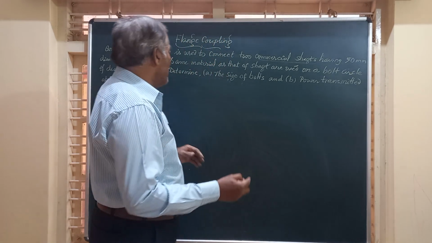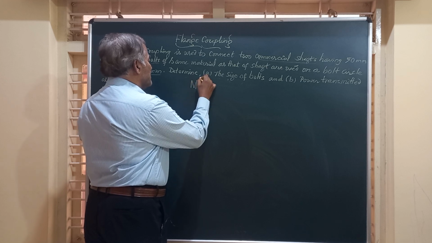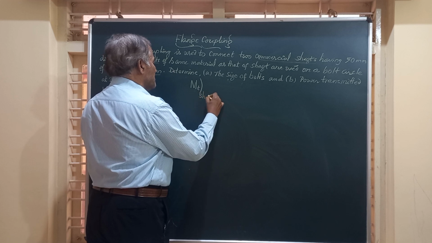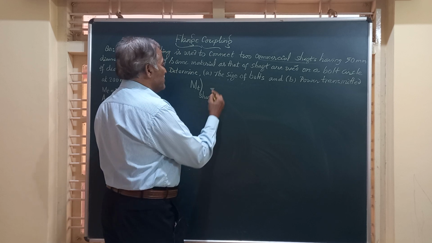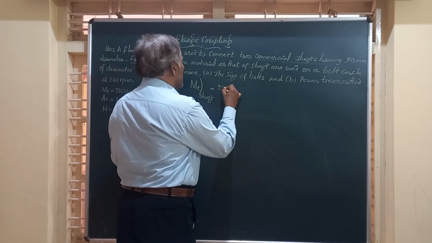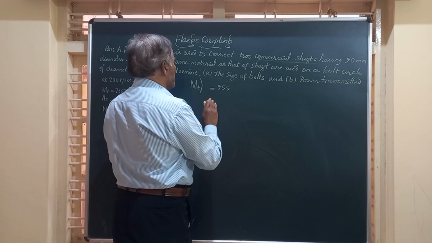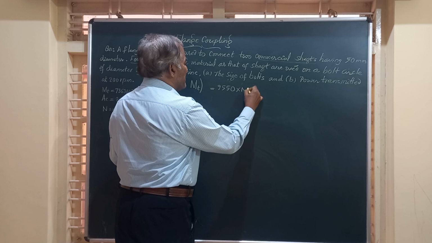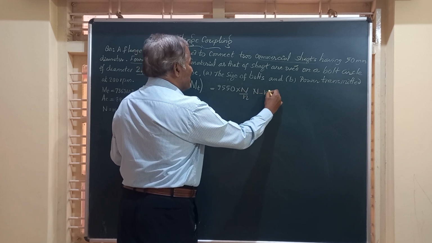For the power transmitted, we have this formula: MT of the coupling, or MT of the shaft, or MT of the key, or MT of the bolt, they are all based on the same value. In general, MT is 9550 into capital N divided by small n, in Newton meter.